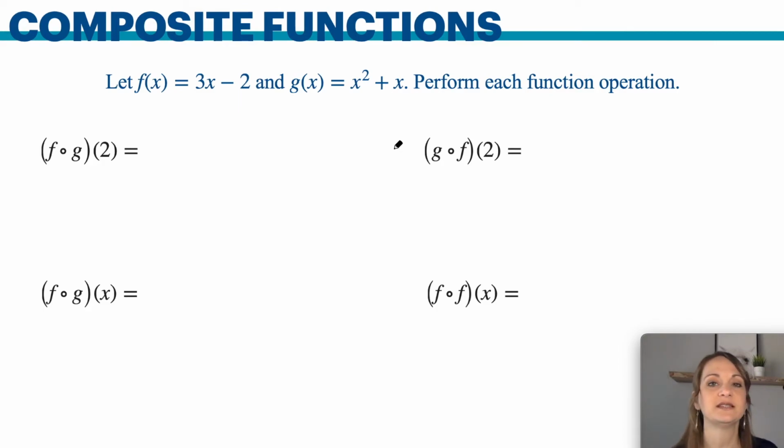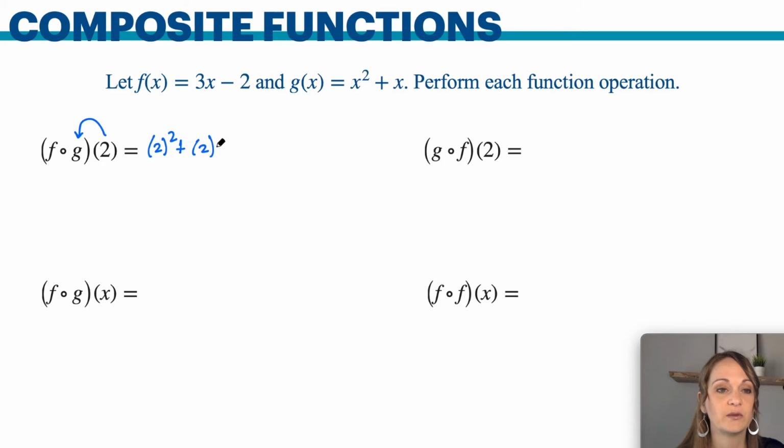So now let's do it algebraically. Let's go back to what we had at the very beginning of the functions, and I want to do f of g of 2. What it says is I am first going to plug 2 into g. So what is g of 2? 2 squared plus 2 is 6. So g of 2 is the number 6. This is what gets plugged into f.